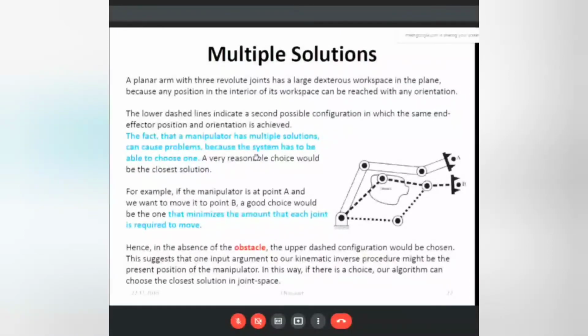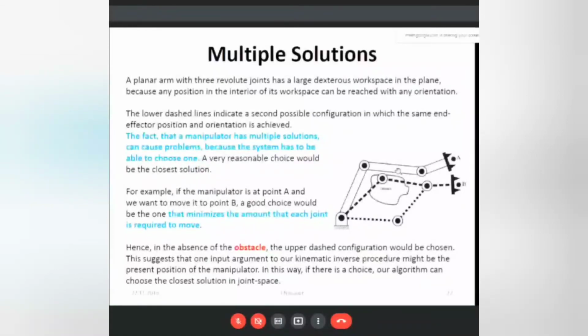A very reasonable choice would be the closest solution. So you can see here the closest solution will be the one closest to the work you have to do. Let us say you have to pick a point here. Whatever the closest point is, you have to select accordingly.